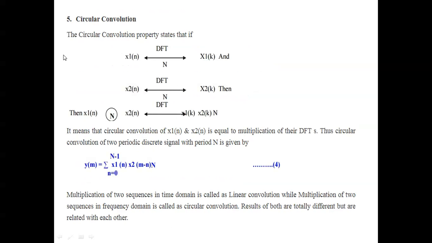And circular convolution. So circular convolution of x1 of n and x2 of n is equal to capital X1 of k times X2 of k.